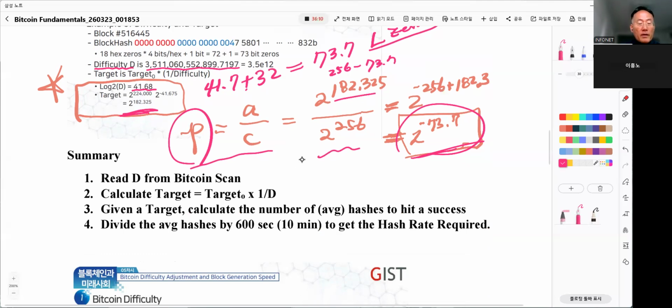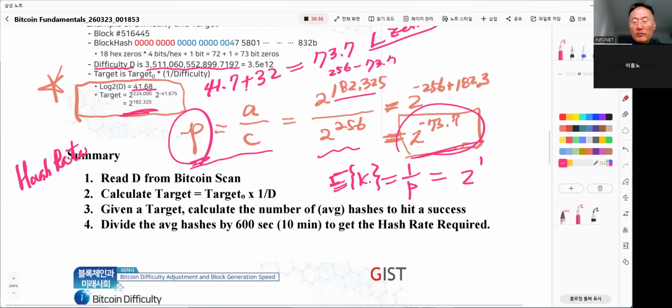Now we return to the goal. Our goal was determining the hash rate. We now know the expected value of k is equal to 1 over p. So in order to solve this difficulty, we need to run this many hashes.